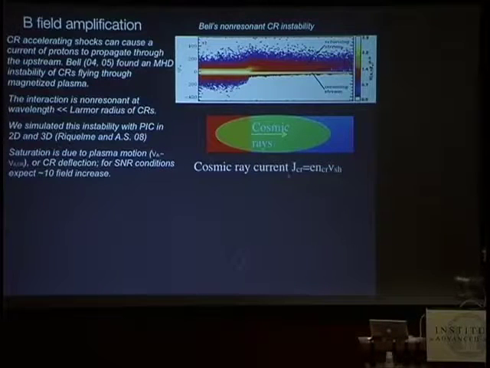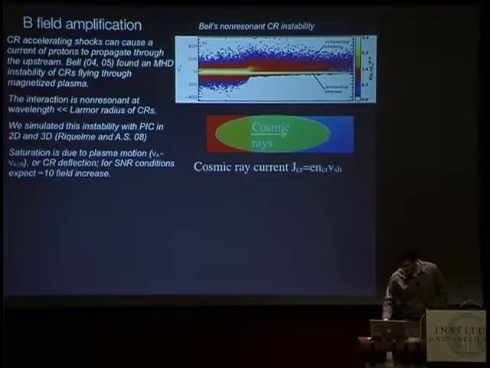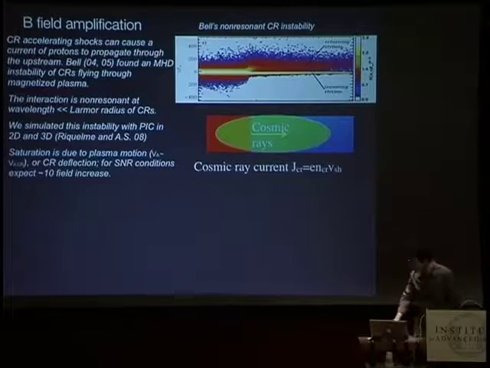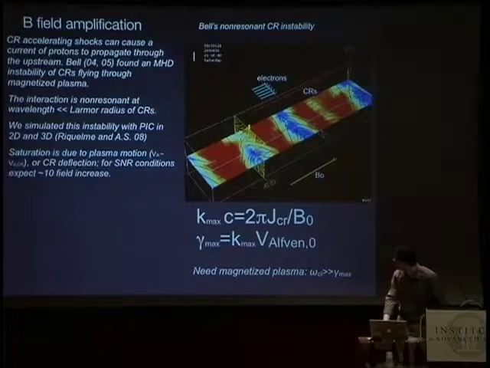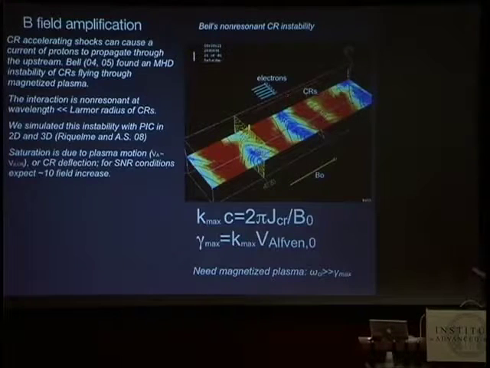And that current turns out to be unstable to generation of a particular instability called the non-resonant cosmic ray-driven instability, proposed by Tony Bell in 2004. So the basic idea looks like this. You have initially a background magnetic field.